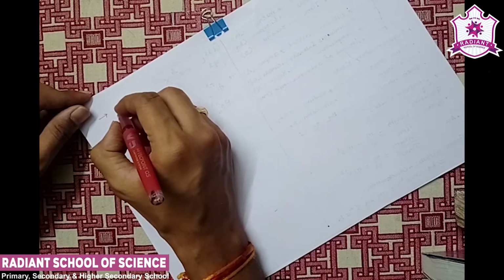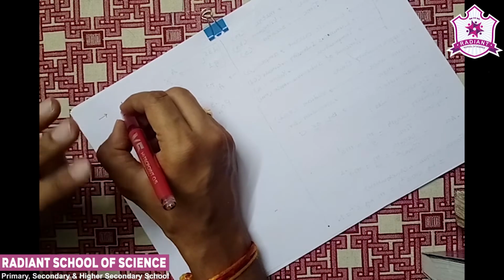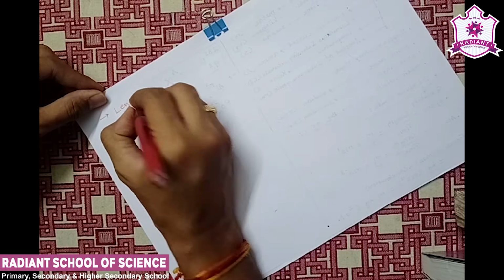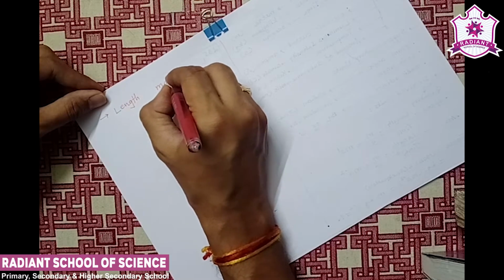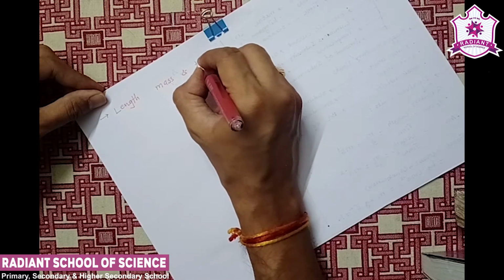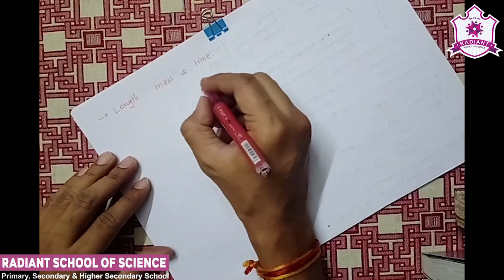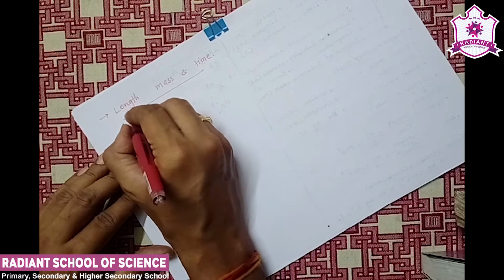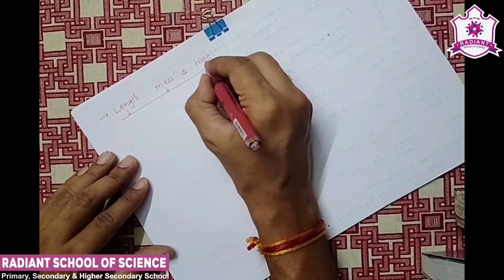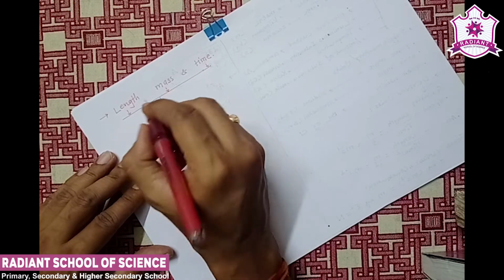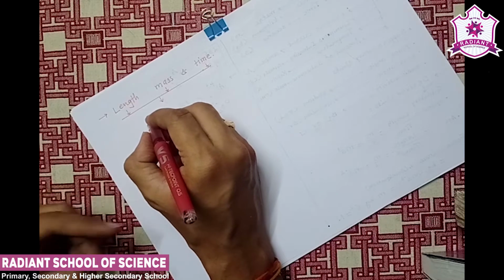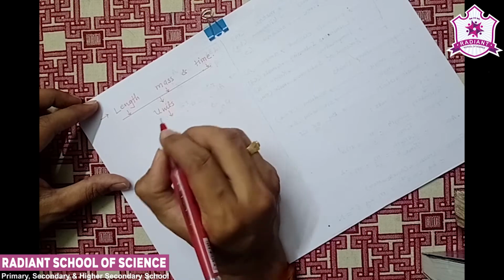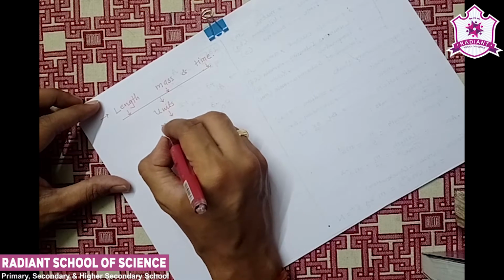First of all, as we learned, we have basically three fundamental quantities: length, mass and time. So these three are our fundamental quantities. Fundamental quantities have their own units, so they have different units, and we need measurement.